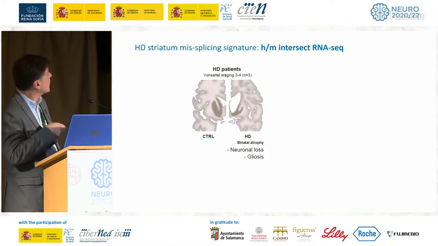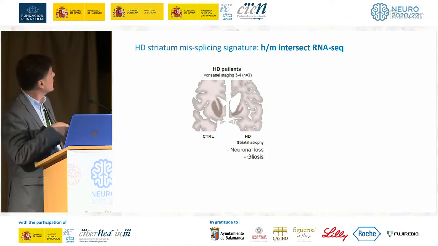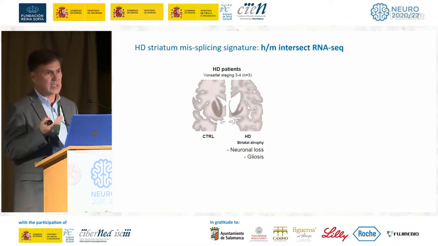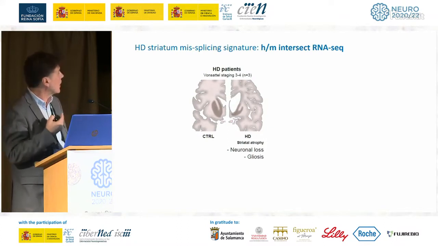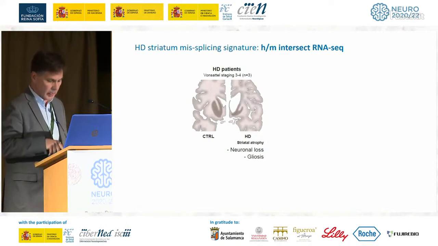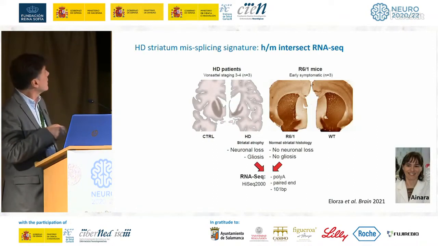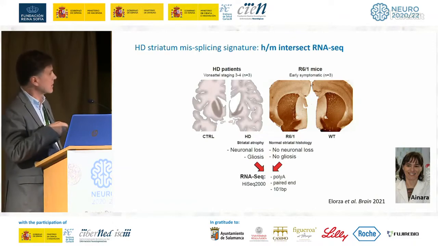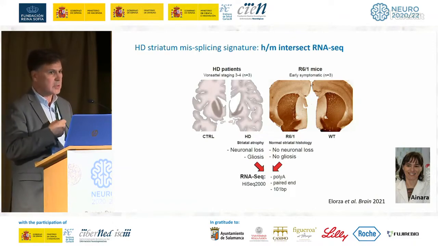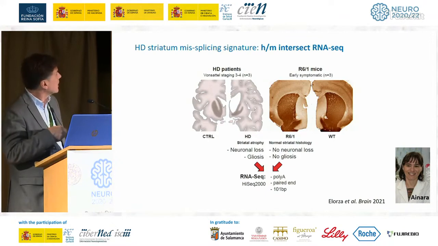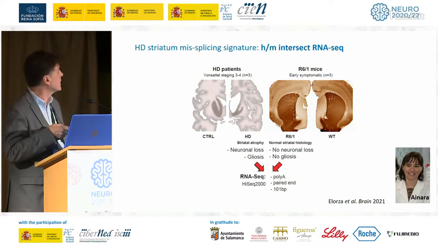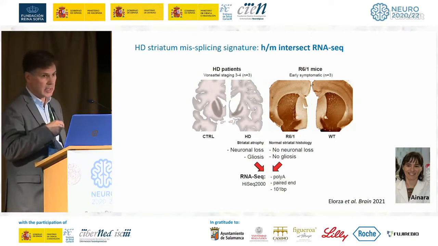So if you just simply compare the splicing status here and here, probably most of the differences you are going to pick are going to be a consequence of the difference in the cellular composition and the inflammation. So to overcome this, Ainara took advantage of this mouse model that has a quite robust phenotype, but that if you sacrifice the mice at an early stage when they already have motor symptoms, they still do not have neuronal loss nor gliosis.